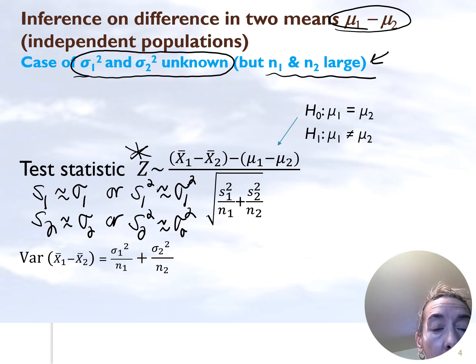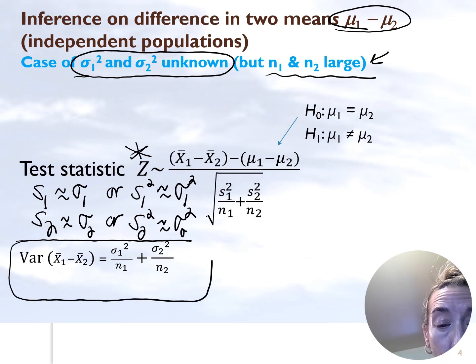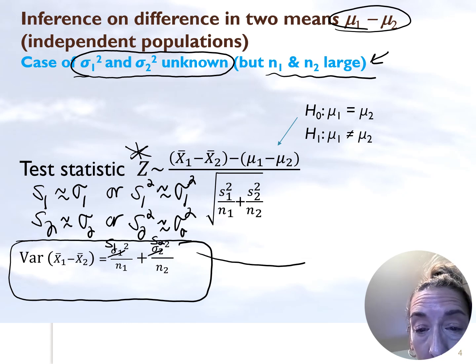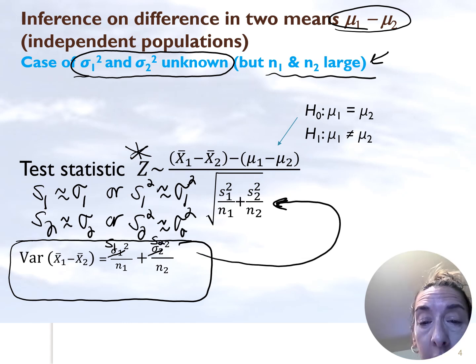With those S's being good estimators for the sigmas, in our variance equation for the difference in the sample means, we can simply replace the sigmas with their corresponding S's. That's why in the denominator, you see the S's instead of the sigmas.